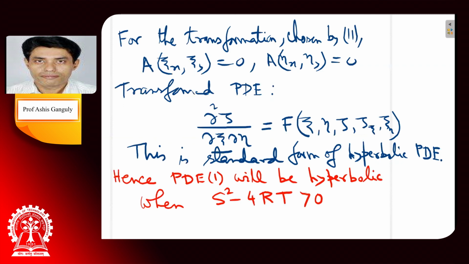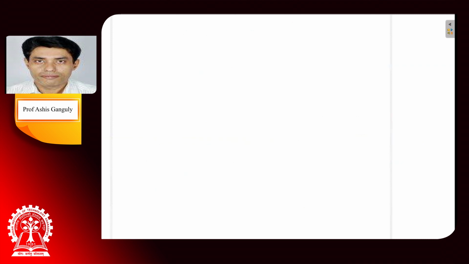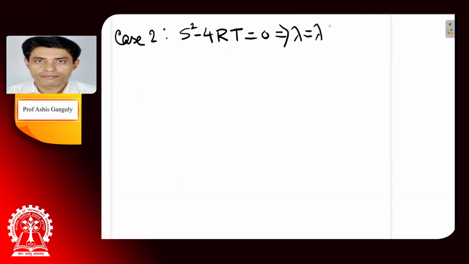Next, let me consider case 2. Case 2 means s square minus 4rt equal to 0. So this gives us only one root, a real root, but only one root.